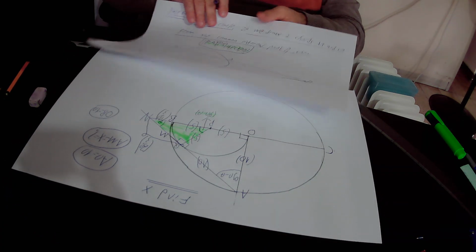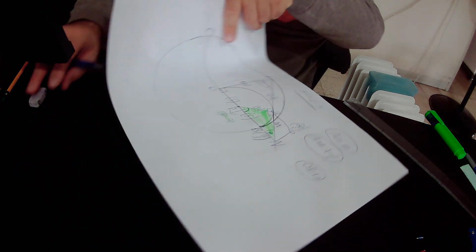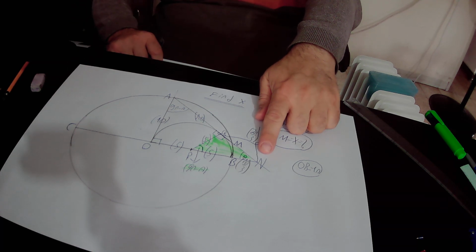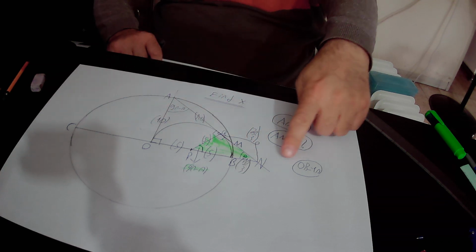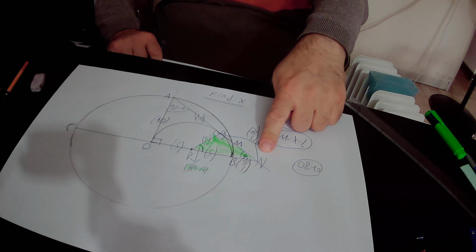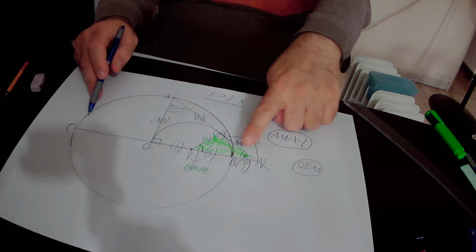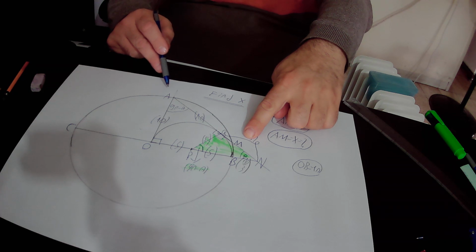Why? Because in our drawing we have the common standpoint, point N. From point N, we have two chords drawn inside this circle, chord BC and the second chord, called AM or MA.